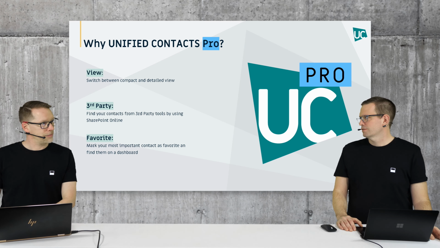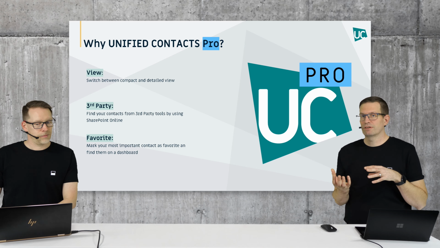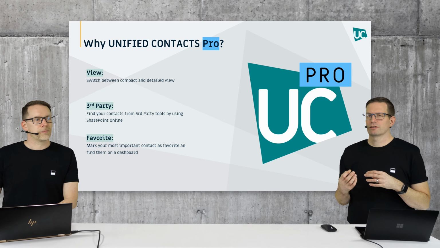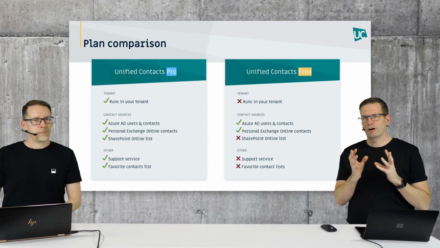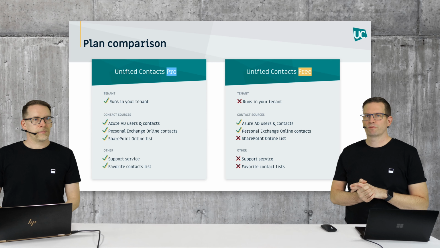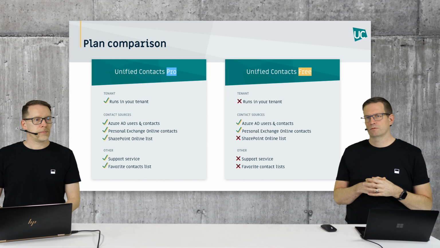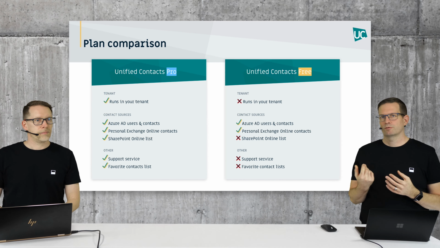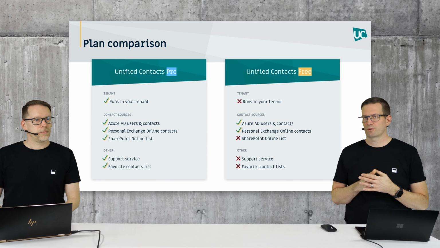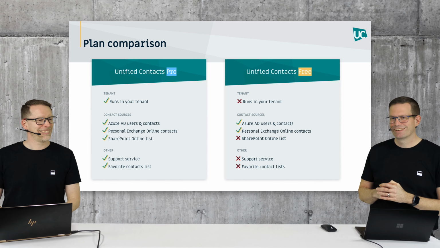This is not all, but there's one big point. The architecture is a completely different one. The app is still the same, but in case of the Unified Contacts Pro app, you will get your own Unified Contacts Pro app, so it runs in your Azure subscription, and this is one of the main differences to the Unified Contacts free app, which is running in our Azure subscription as software as a service. Thanks, Jan.